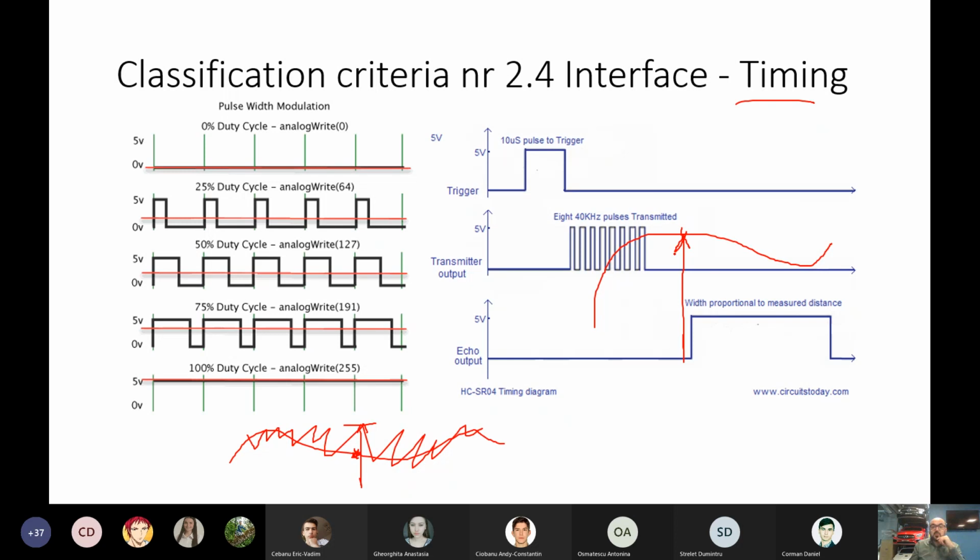So in this case, what can we do? The electromagnetic fields are influencing the value of the signal, the amplitude.